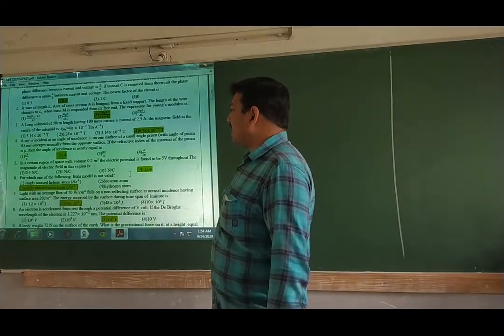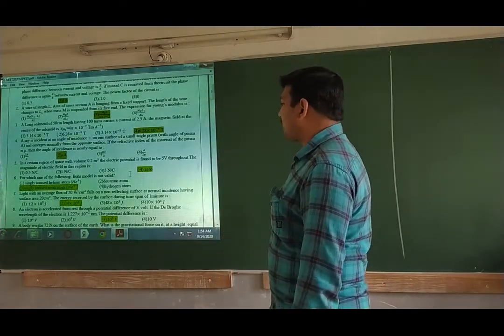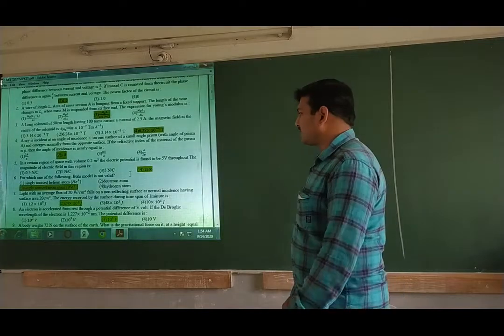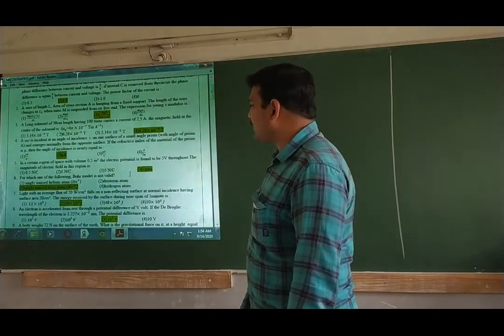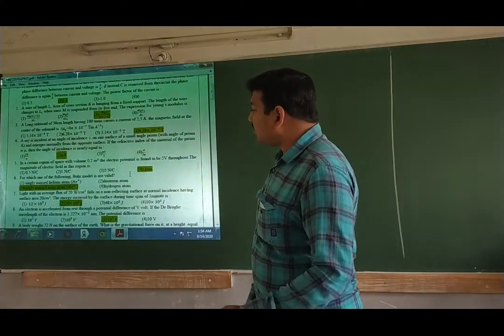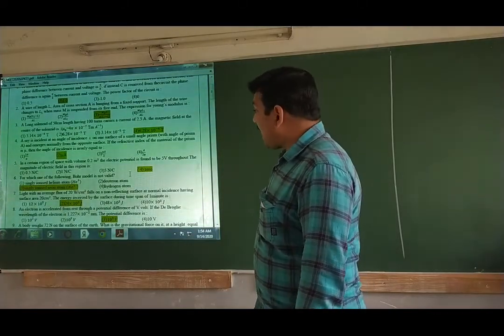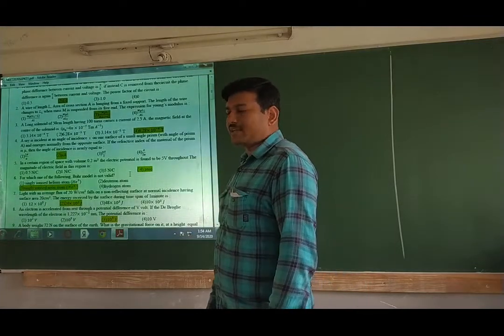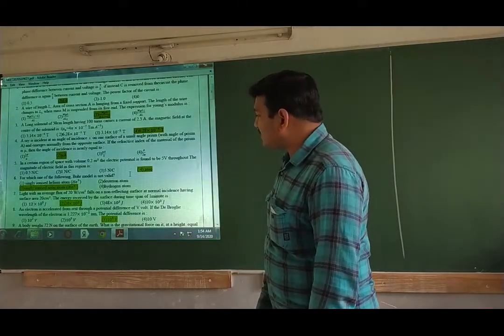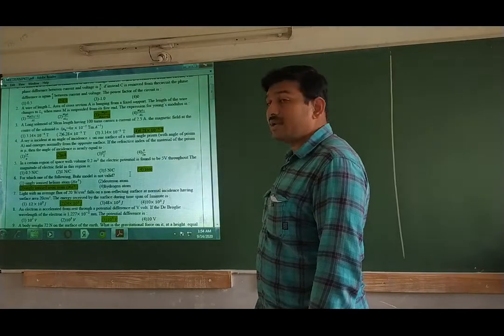Next, 7th one. Light with average flux of 20 watt per centimeter square falls on a reflecting surface at normal incidence, having surface area 20 centimeter square. The energy received by the surface during this time span of 1 minute is.